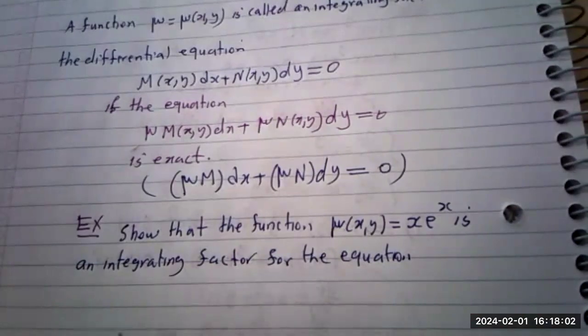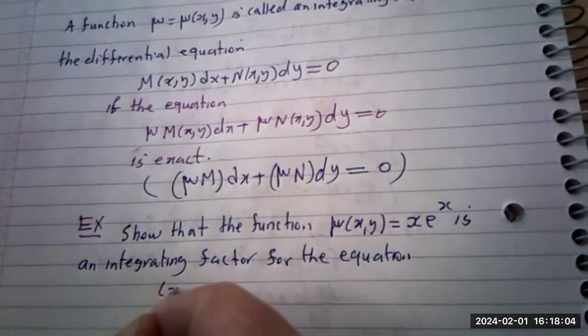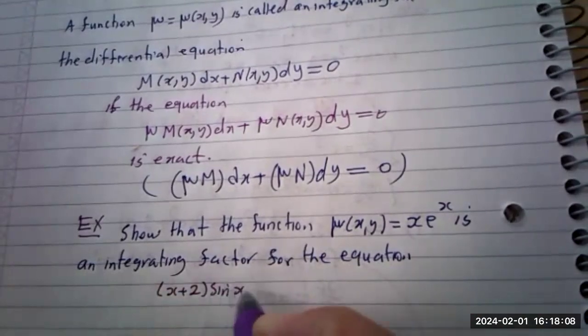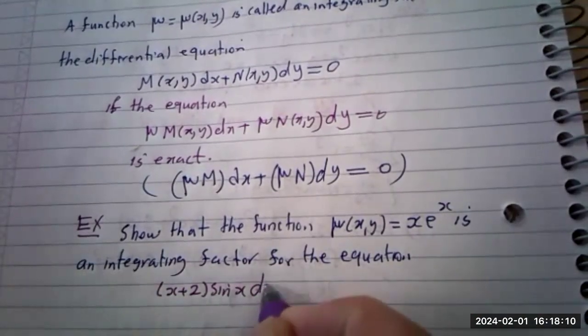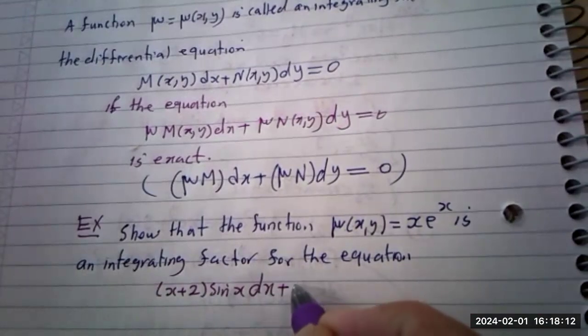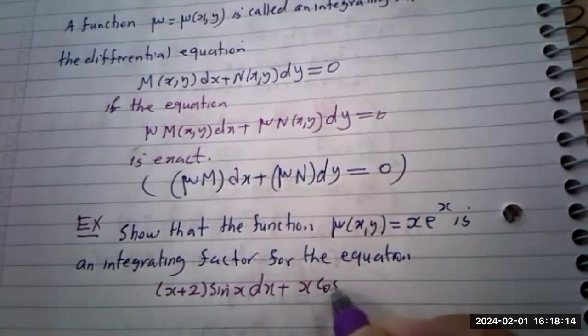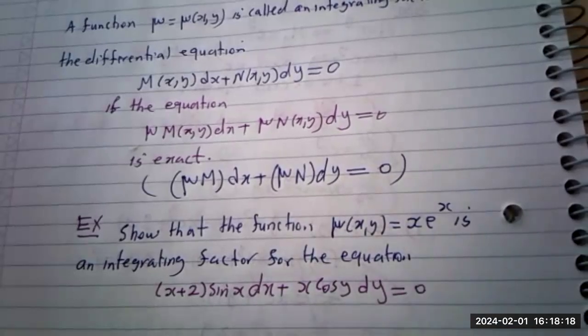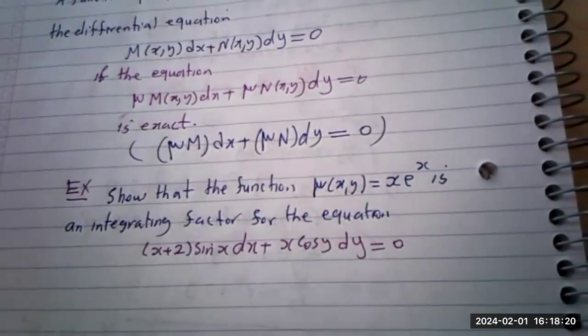This is the given equation: x plus 2 times sine y dx plus x cosine of y dy equal to 0.